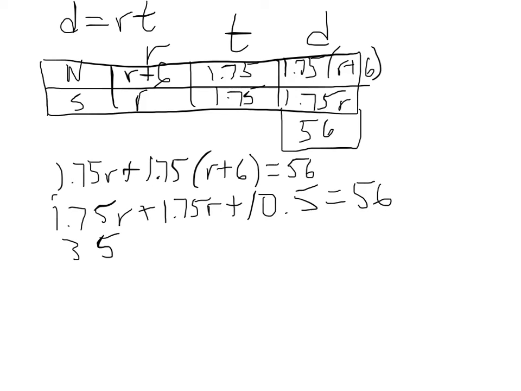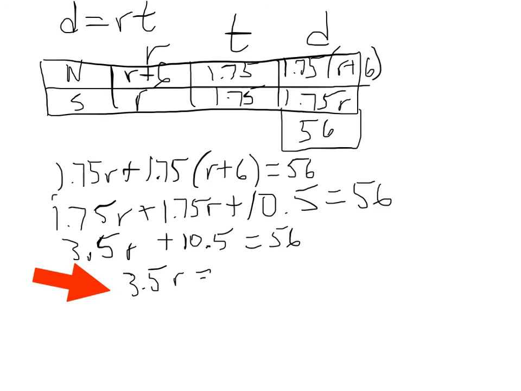3.5 r plus 10.5 equals 56. Subtract 10.5 from both sides and we get 3.5 r equals 45.5.